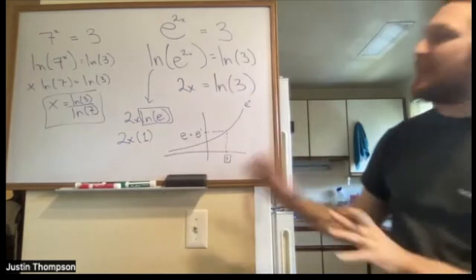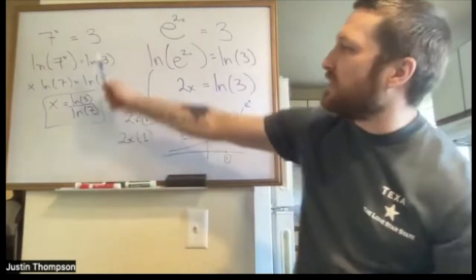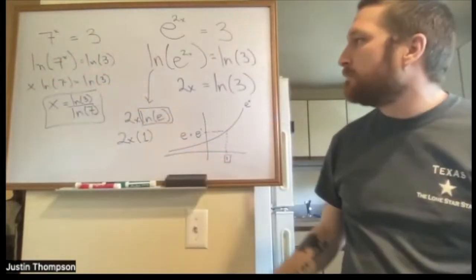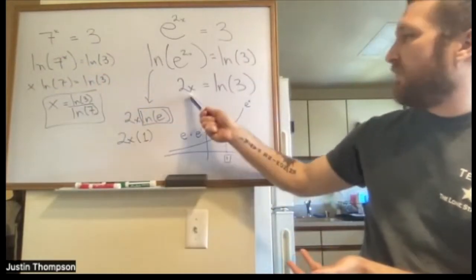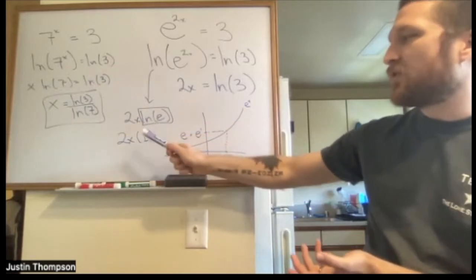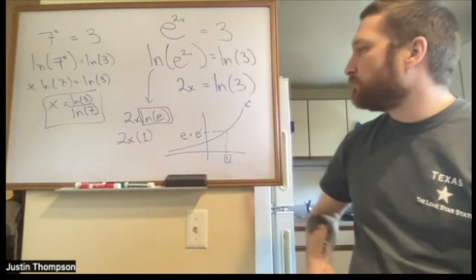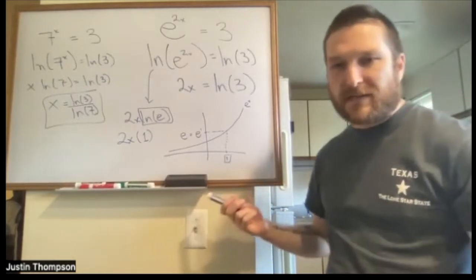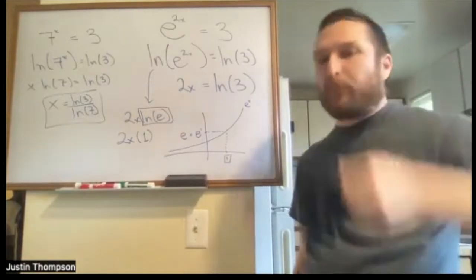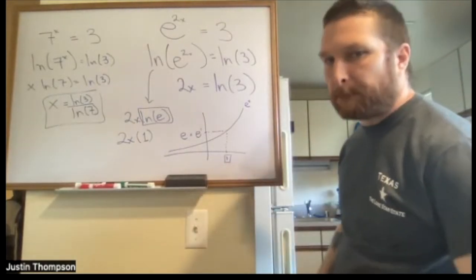So even if you go on autopilot because you've been so used to doing this and you pull out that, blah, blah, blah, you'll still end up with this right here, as long as you recognize that the natural log of e is just 1. And so there you go. Does that make sense what I was saying? You got that? Okay.